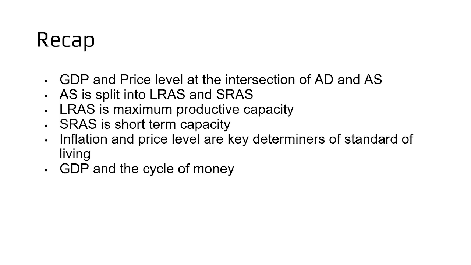Aggregate supply is split into two kinds: the long run aggregate supply and the short run aggregate supply, where long run aggregate supply is the kind of maximum productive capacity of the economy in the long term, and the short run aggregate supply is the short term capacity of the economy productively.